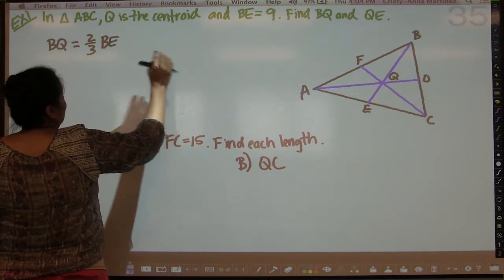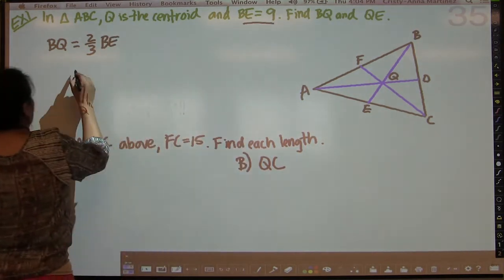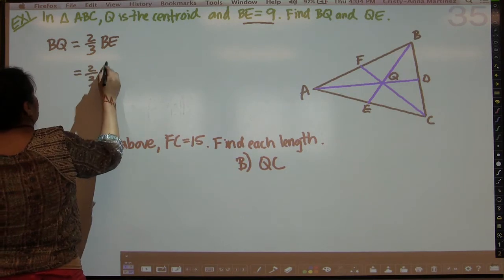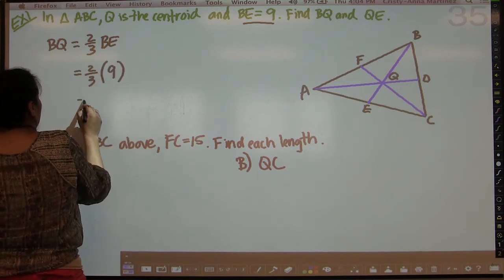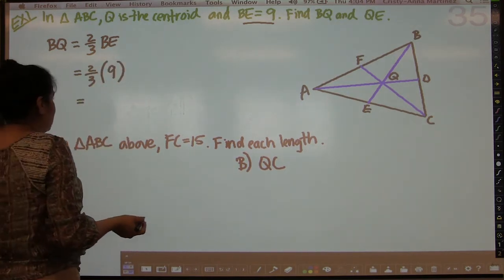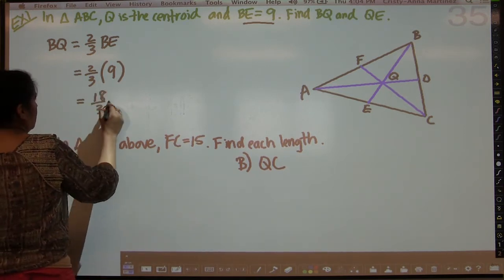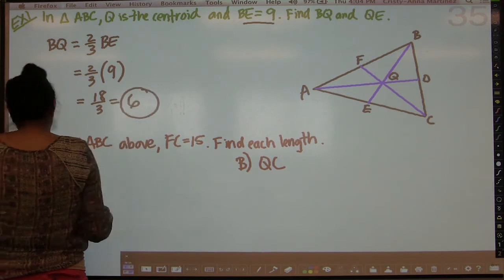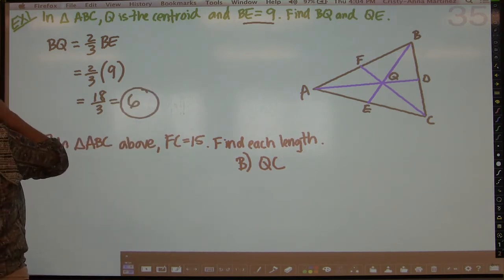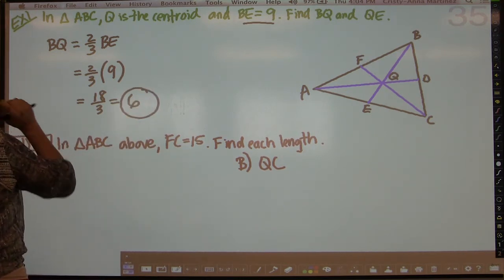And they told us that BE is 9, so we're going to put 2/3 times 9 in there, and then 2 times 9 is 18, and 18 divided by 3 is 6. So we get 6 as our answer for BQ.